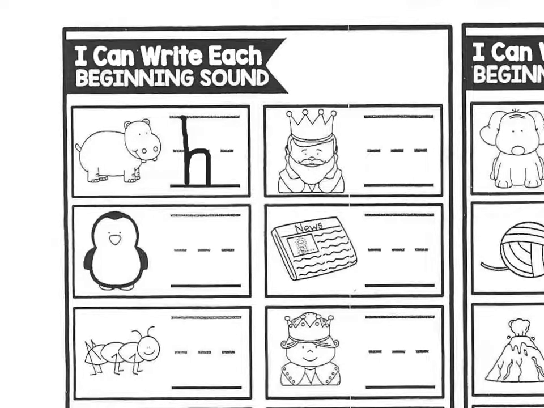Okay, this one's a little bit difficult because we know in our alphabet there's two letters that have a K sound. Okay, if we look, there's the letter C, which makes a K sound, and the other letter that makes a K sound is the letter K. Okay, for today we will be using the K for king.